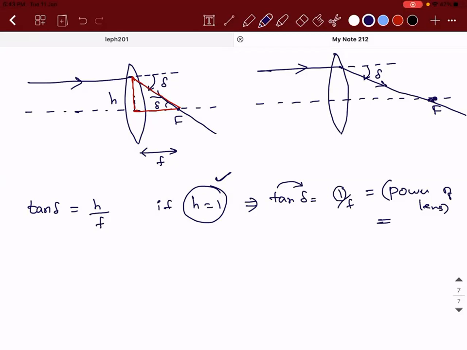That is the reason why power is defined as 1 by f. It didn't come just like that. So if you need the power to be more, then you need to ensure that the focal length is less. That's what the mathematical equation tells us.